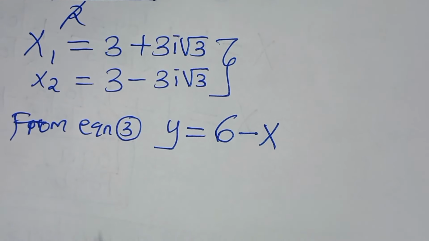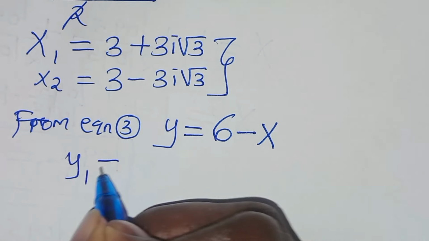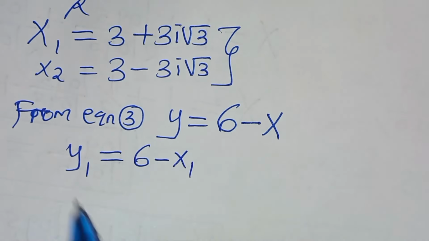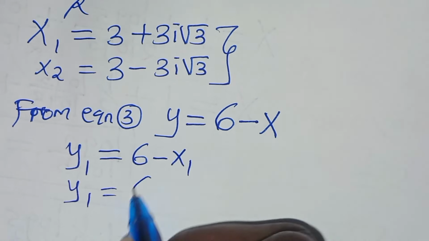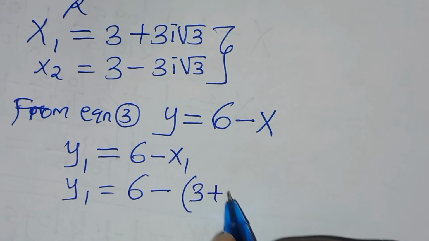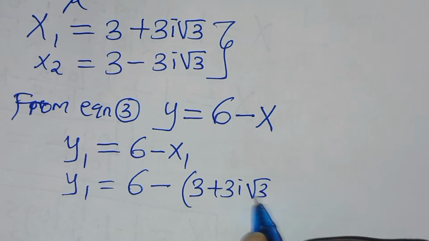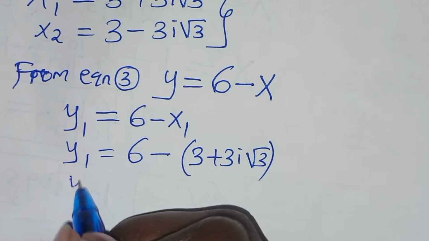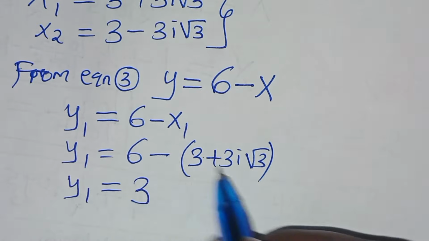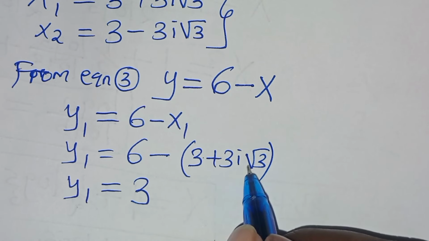So that now y1 is the same thing as 6 minus x1. So y1 is equal to 6 minus x1, which is 3 plus 3i square root of 3. So that now y1 is equal to 6 minus 3, this is 3, minus times plus 3i square root of 3.